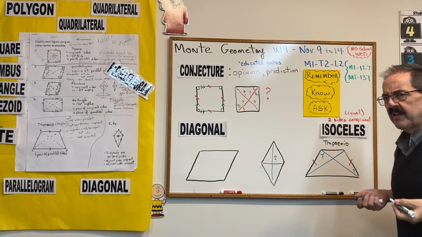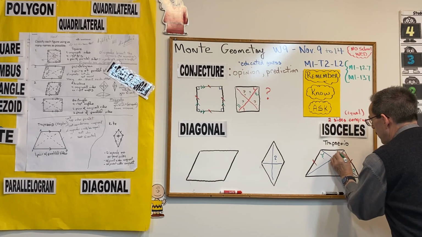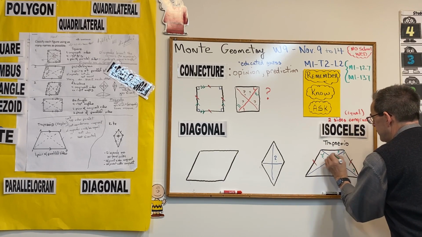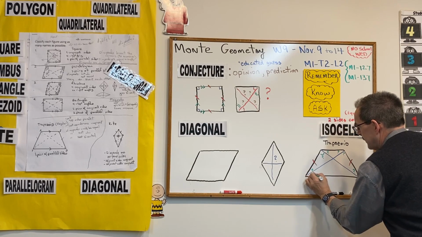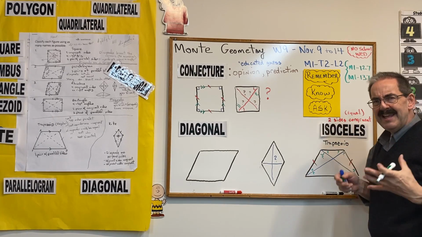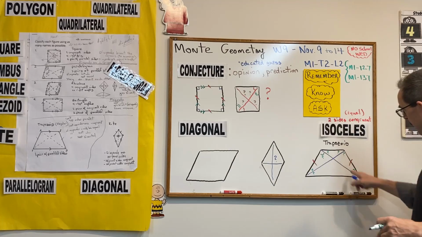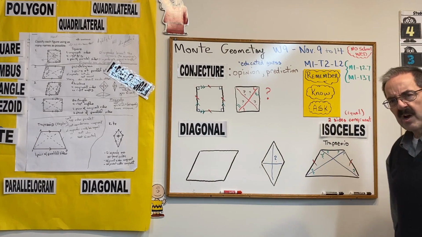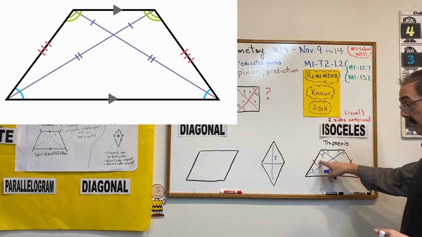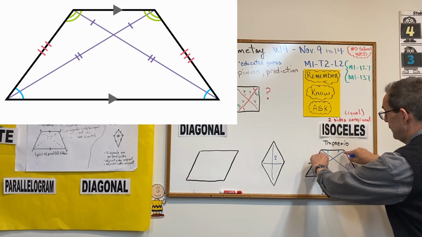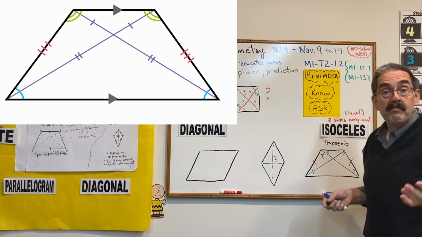Is it equal to anything? This one, this one, this one, this one, and this one. Can we make any predictions about this triangle and the other triangle? Are they the same? Top, bottom, left, right? How about those two pieces there? Could we make a prediction?